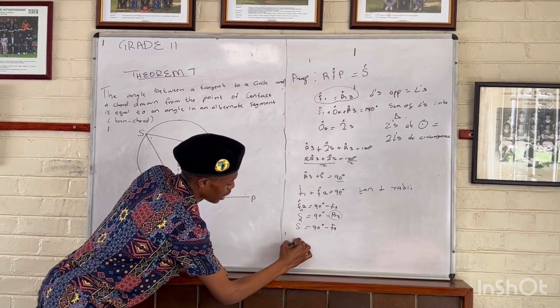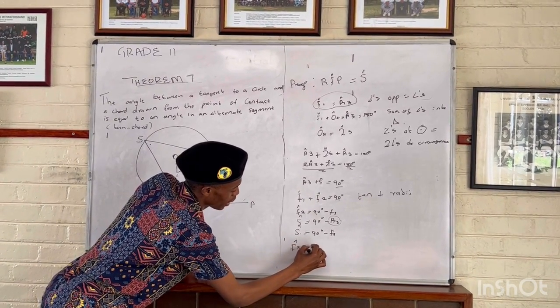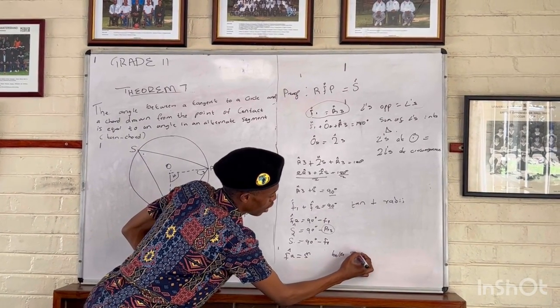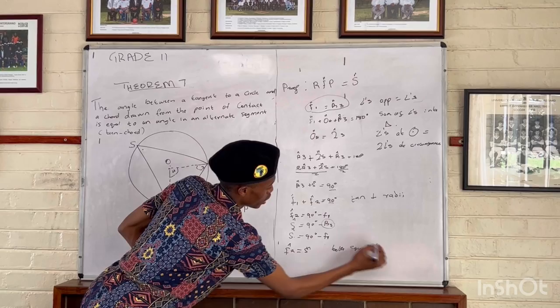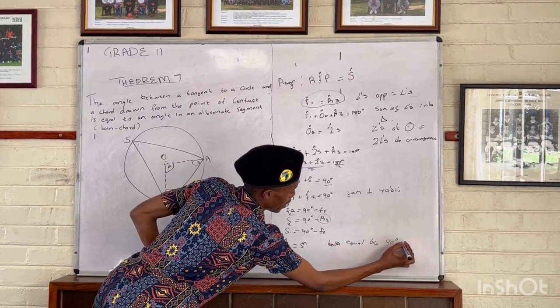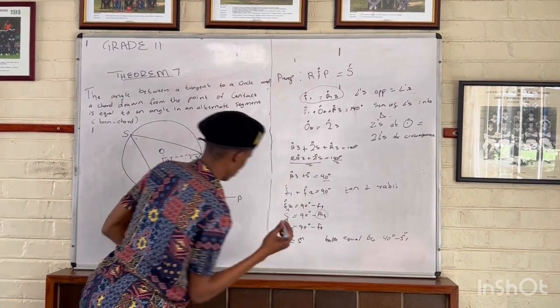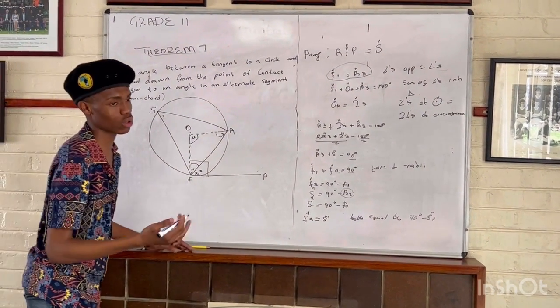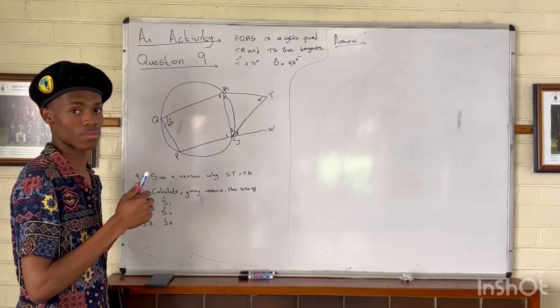Then it means that angle F2 is equal to angle S, both equal to 90 degrees minus F1. Then we have proven that angle F2 is equal to angle S. Then the Euclidean chord theorem. Thank you.